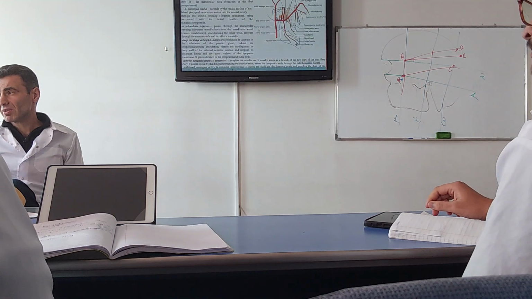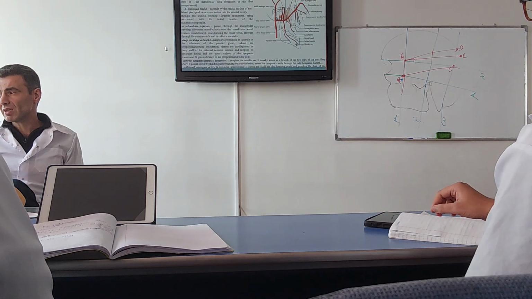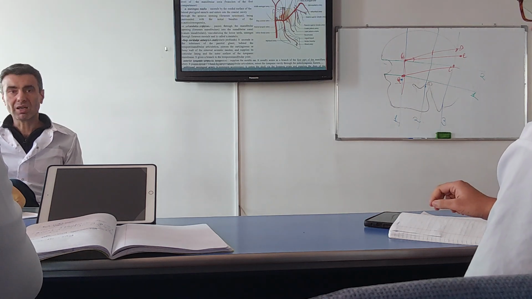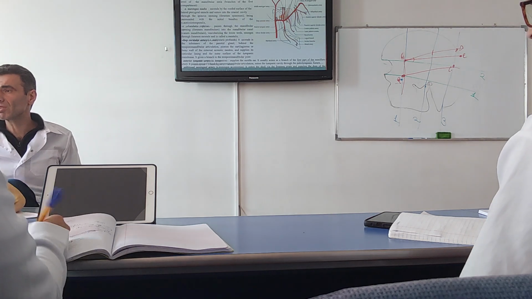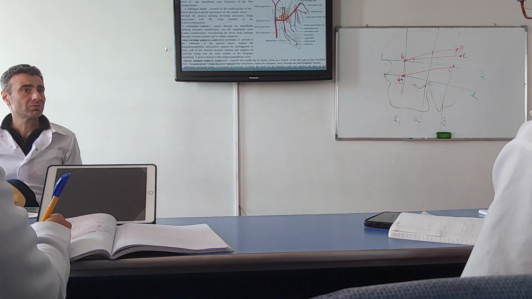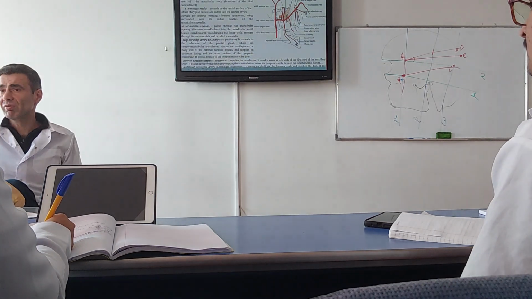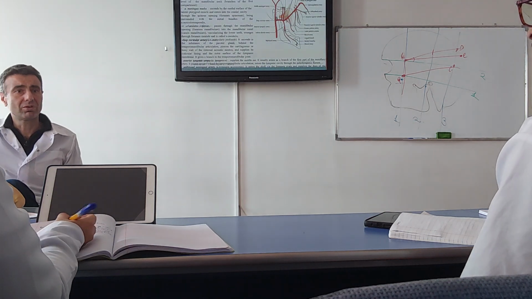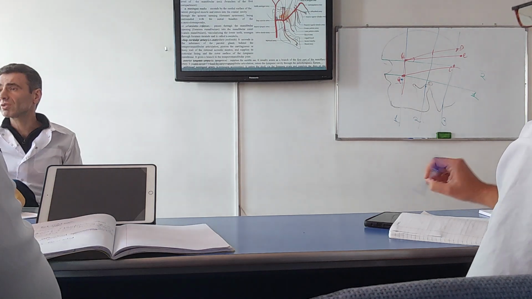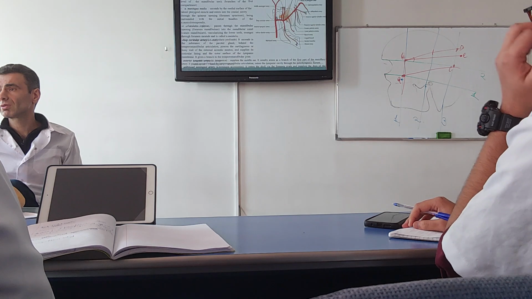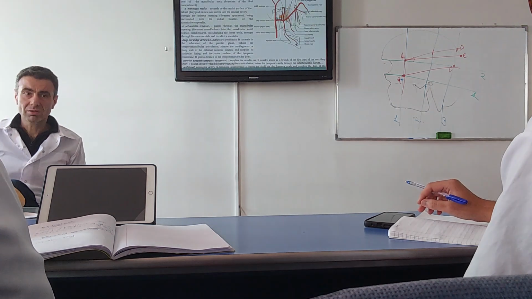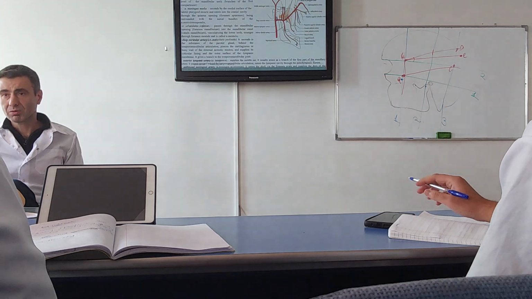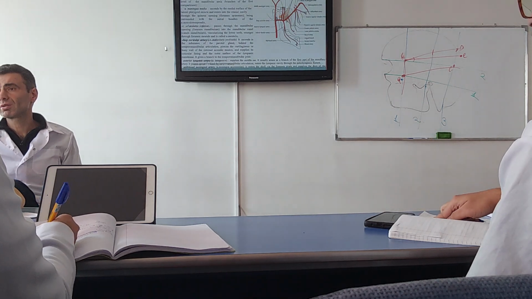So once again: sphenopalatine artery, infraorbital artery, descending palatine artery, and posterior superior alveolar artery. Four branches. Let's say five, let's say four. Questions? Hello, are you here? Do you have questions or not?